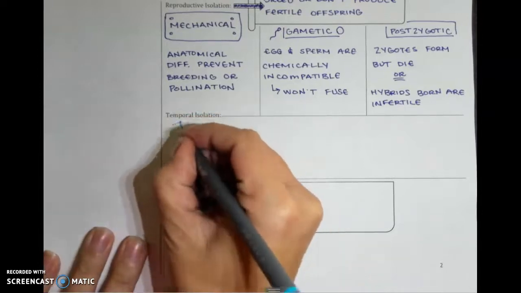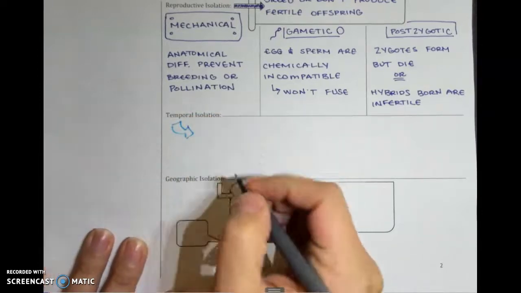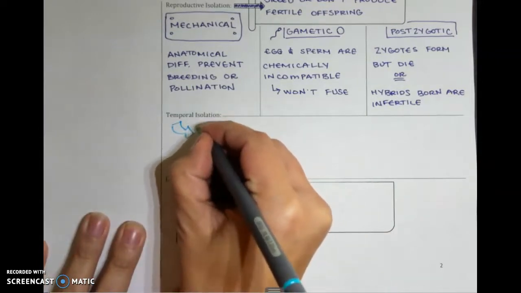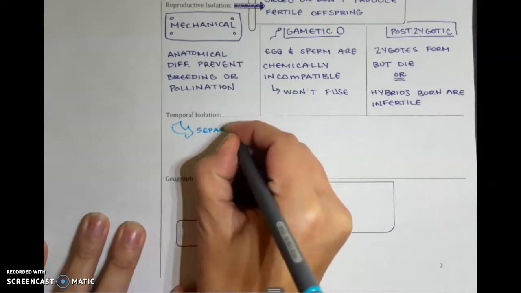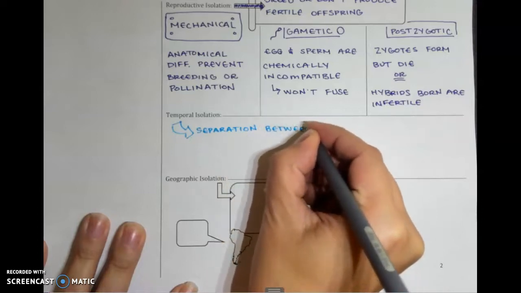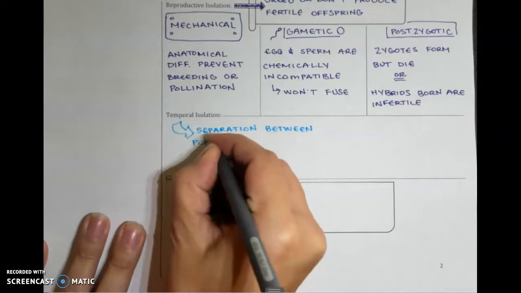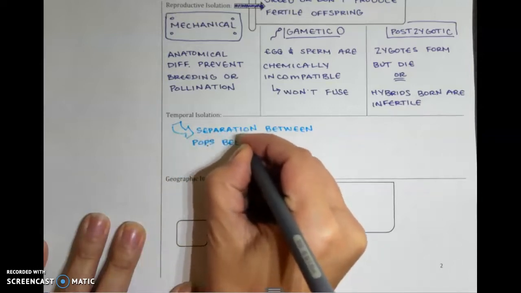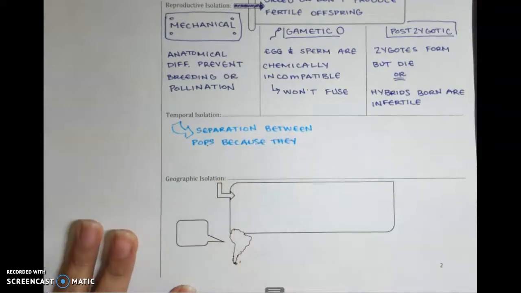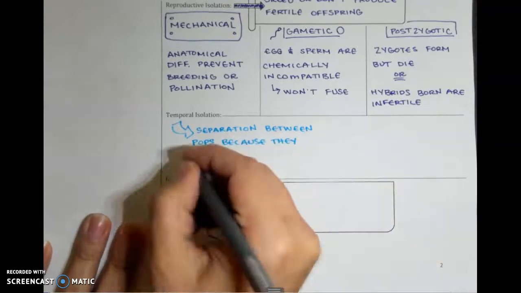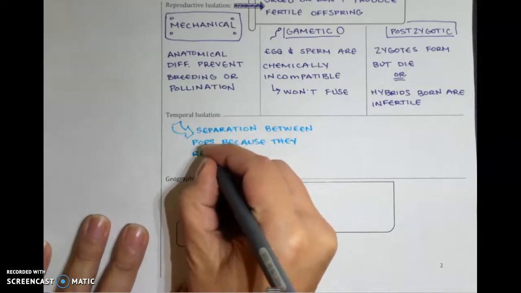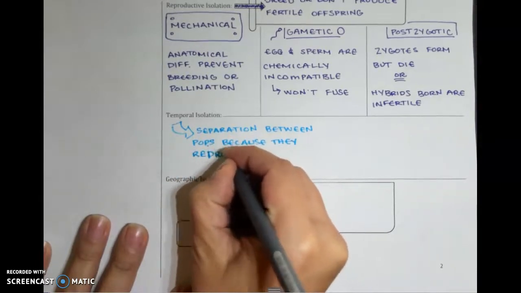To start with, temporal isolation refers to separation because they reproduce at different times. This could be seasonal, it could be part of a migration process, or it could simply be that one species has become nocturnal while another is diurnal.